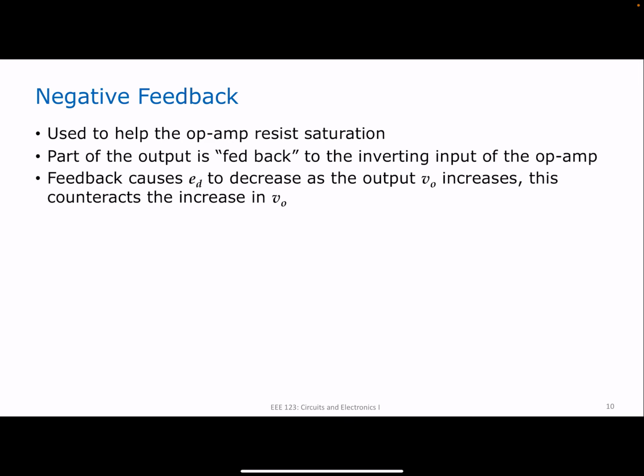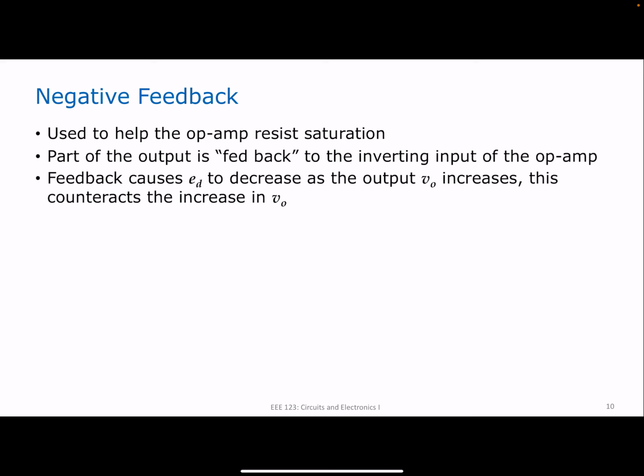What happens when we do that? The feedback causes, because it is in the inverting input, as your output increases, the differential voltage to decrease, because we're adding a voltage to the inverting input, and therefore V minus will increase.